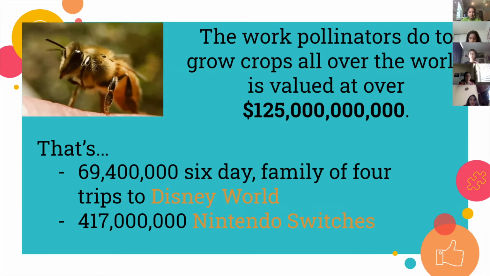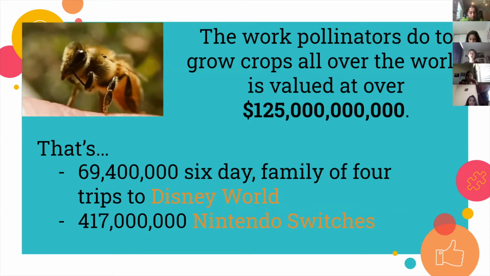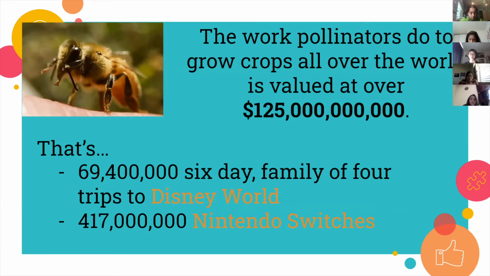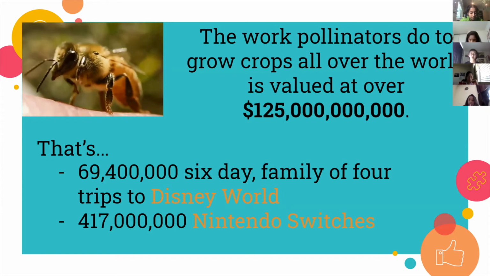So this shows that every pollinator in the world contributes this much money if you sold all the fruits and flowers that it was able to pollinate. To put that into perspective, that's 69,400,000 trips to Disney World, or 417 million Nintendo Switches.